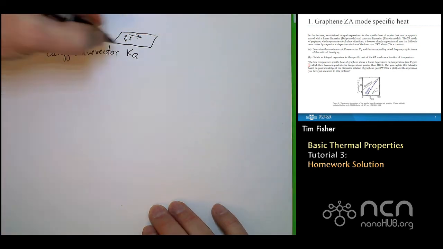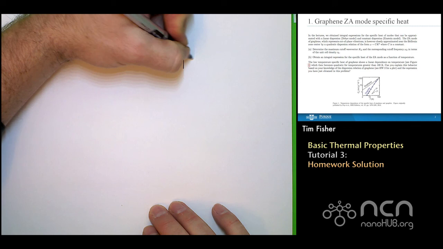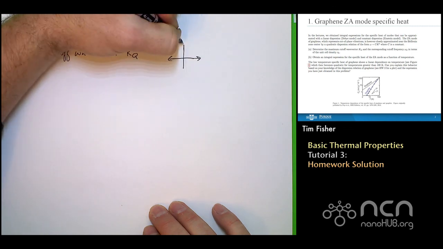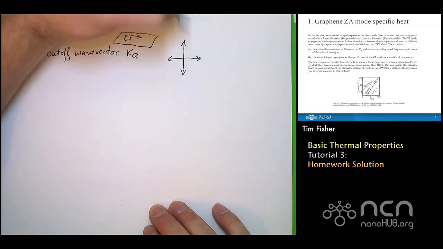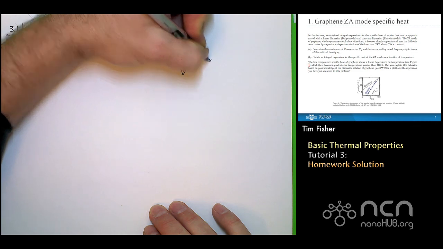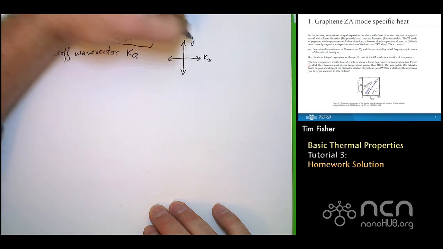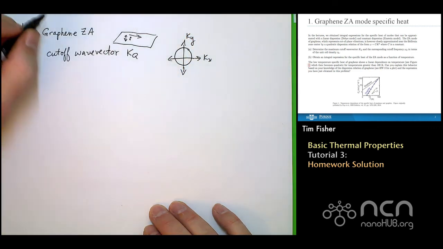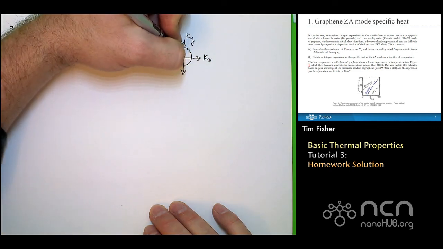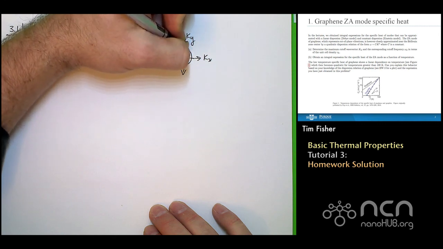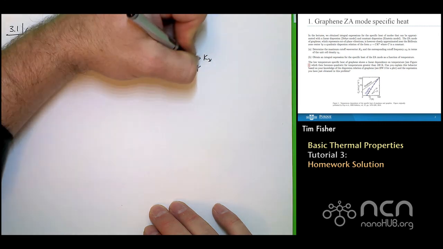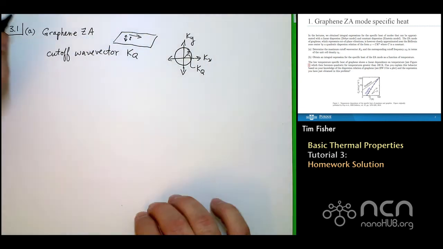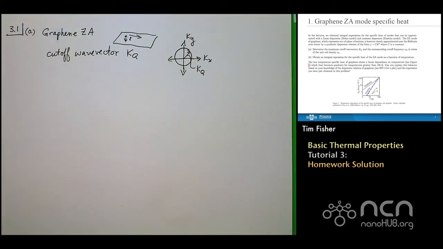And so if we think about K-space, let's take it, looks like this. Remember, it's two-dimensional, so I have Kx and Ky. And I take a circle. It's not quite centered there. What I want to do is define an area of K-space with a radius K_Q, and inside of that I want to fit all of the allowable modes.